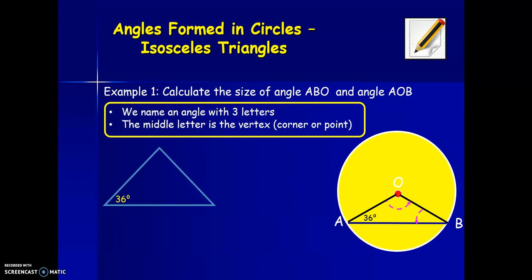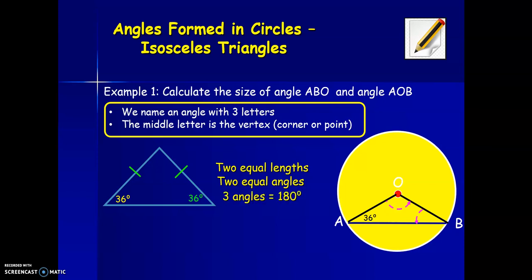Let's take the triangle itself. OA and OB are radii, so therefore we have 2 equal sides. If we have 2 equal sides, then we have 2 equal angles, so those equal angles are at the end of those equal sides, so at the elbows of the triangle.